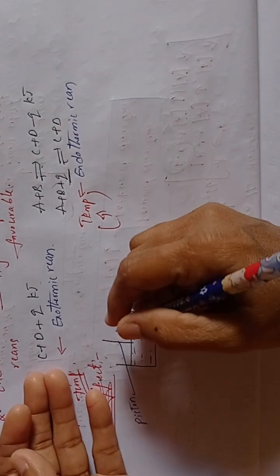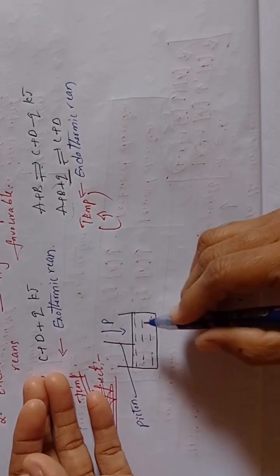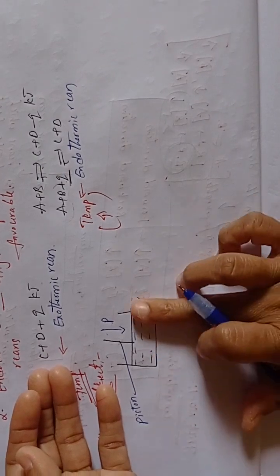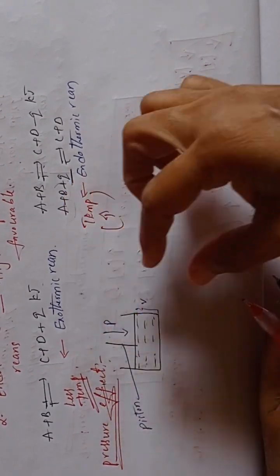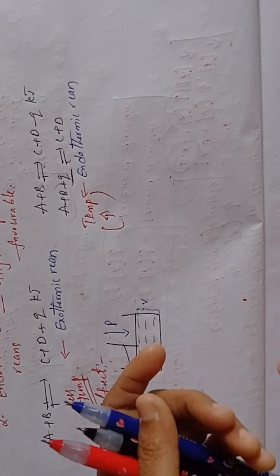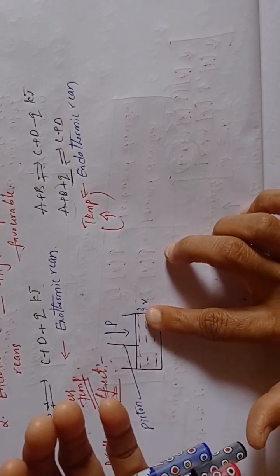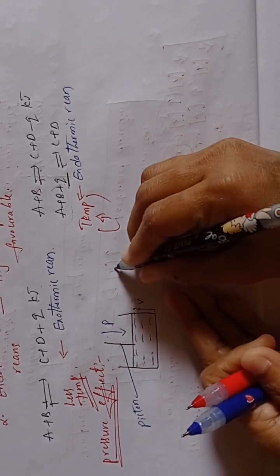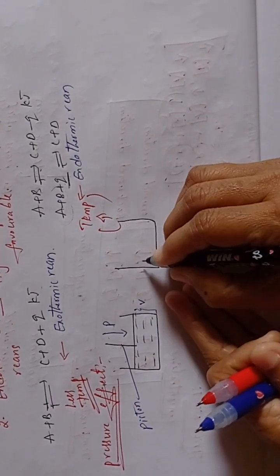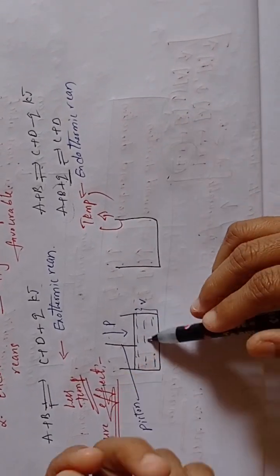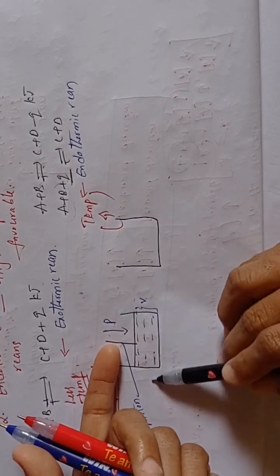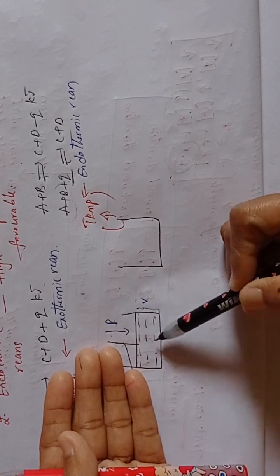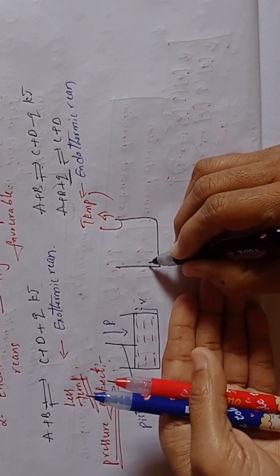So when we are increasing the pressure on this piston, before, the gaseous mixture occupied this much volume. Now whenever we increase the pressure on the piston, what will happen? Volume decreases. That means the gaseous molecules come closer to each other. Whenever pressure increases, the volume decreases.